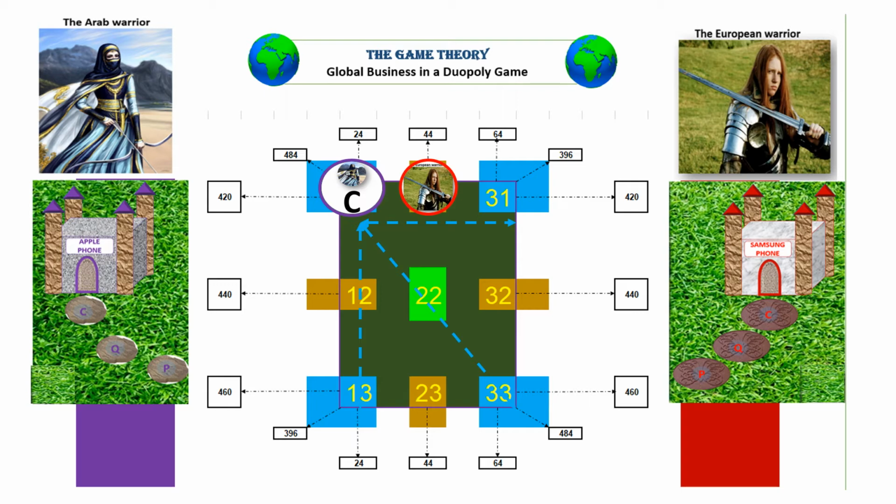Now, let's take the example here of the medium market. As you see, piece C in that medium market also gives the options of how moves can take place.